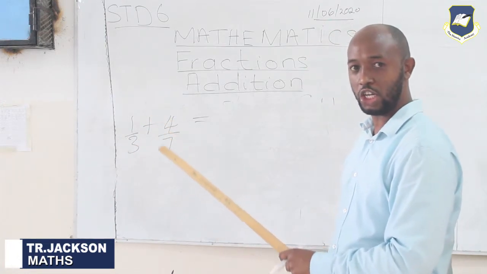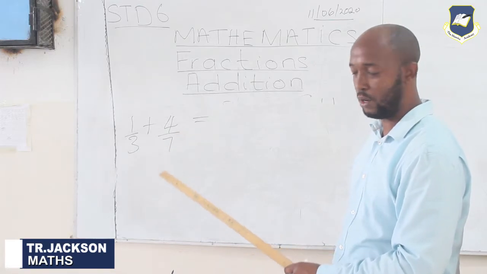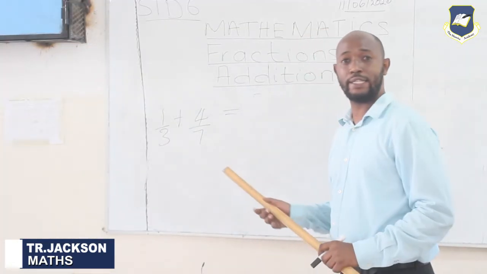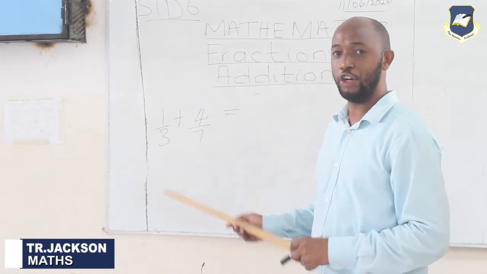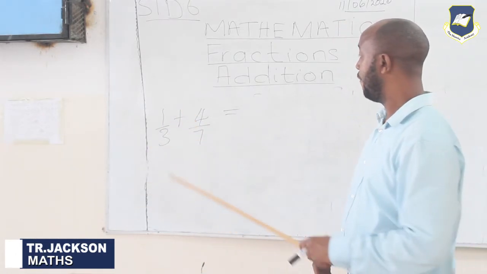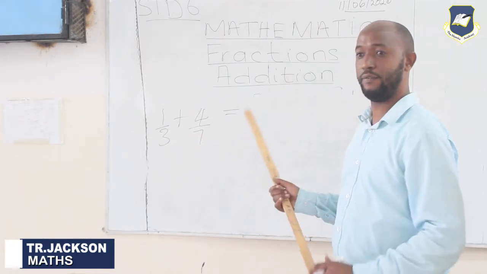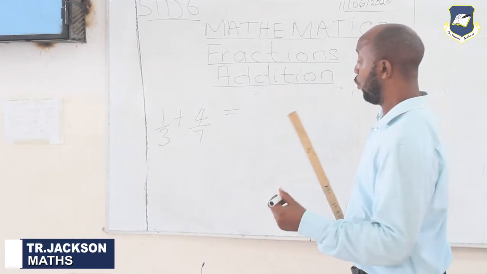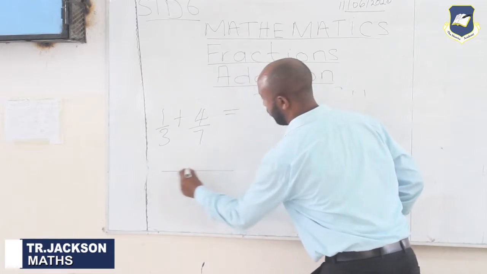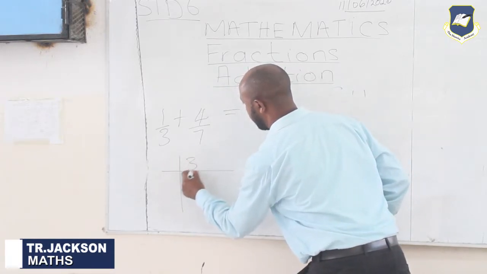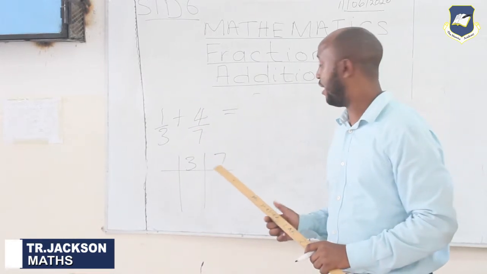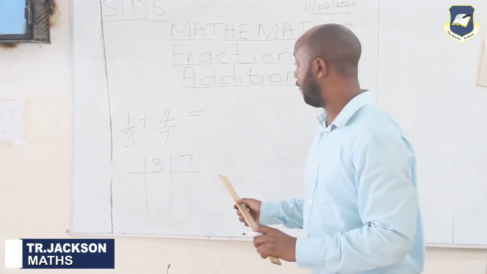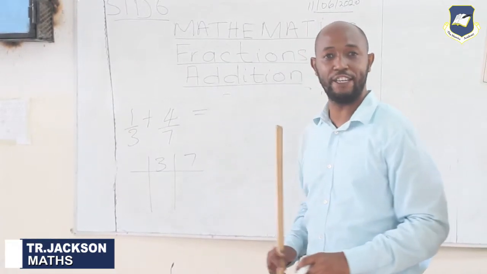When they are different, you find the LCM, least common multiple. So our next step now is to look for the LCM of the denominators, which are 3 and 7. We realize that 3 and 7 don't have a common divisor.